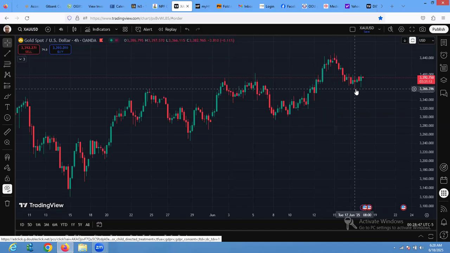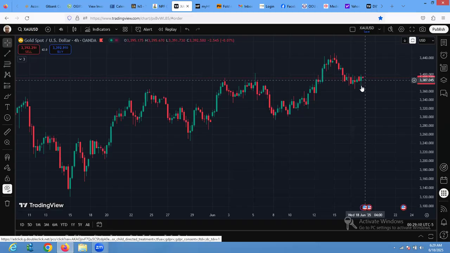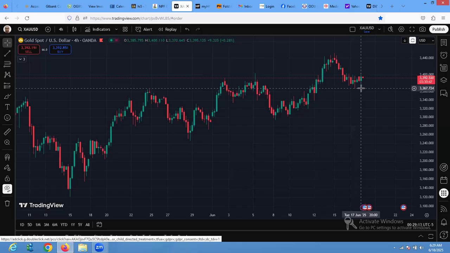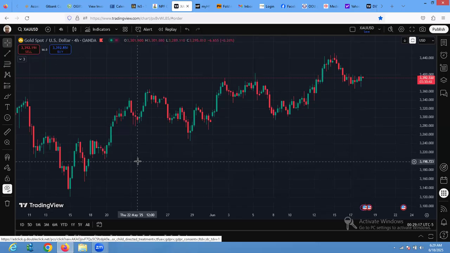So price at the break of this area, price needs to break above and sit, a 4-hour candle across 34, or let's say 34.04. So once we see the body of a candle closing across 34.04, then we are going up again. So so far it's a bullish move.